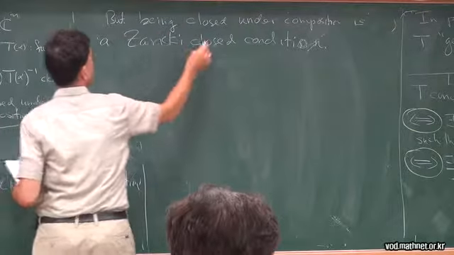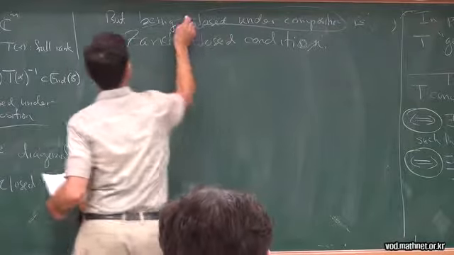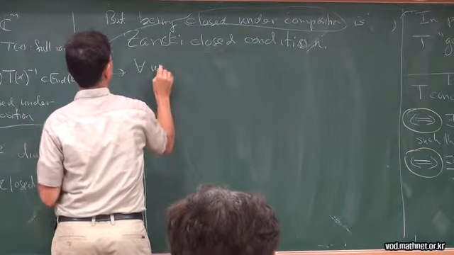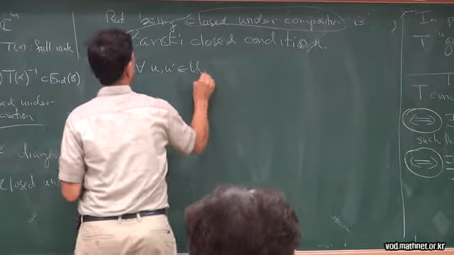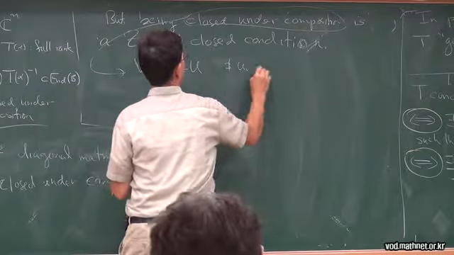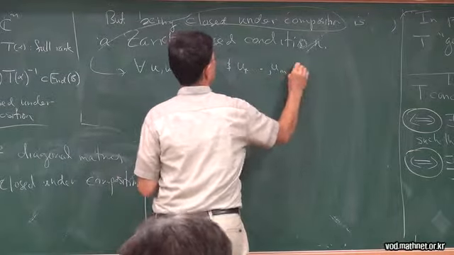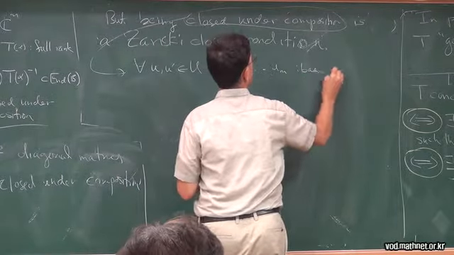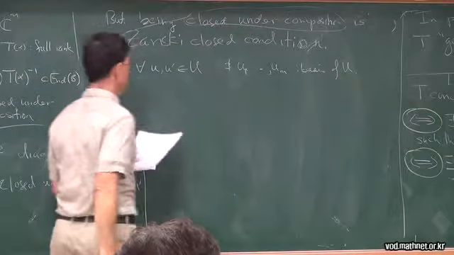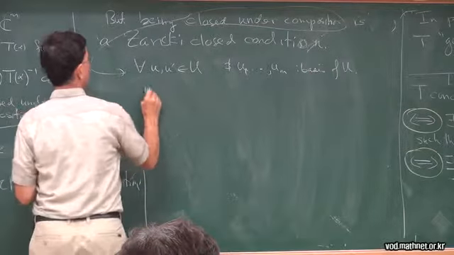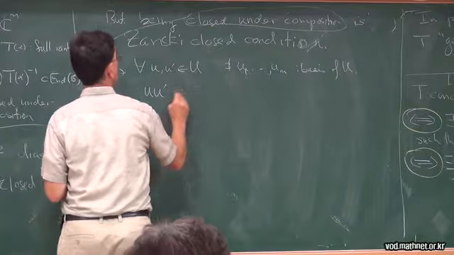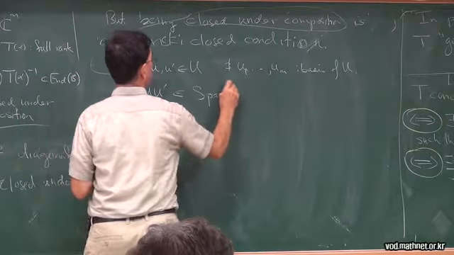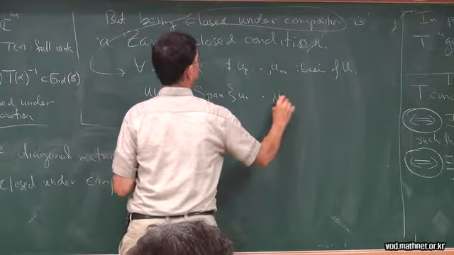So being closed under composition, what does that mean? That says for all U prime in U, and say U1 through UM a basis of U, that the product U U prime is contained in the span of U1 through UM.